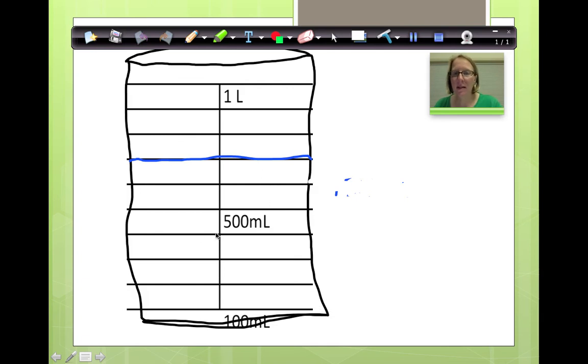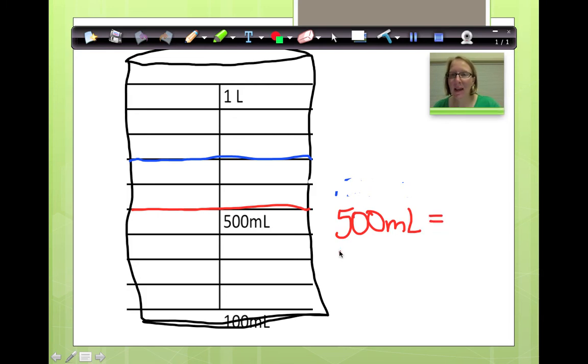Now, let's say we have our line filled up right here. How much is this? Well, we can say this one of two ways. Because it is halfway up our number line, we can count 100, 200, 300, 400, 500 milliliters. So we can say that it is 500 milliliters. Or what's another way to say this?